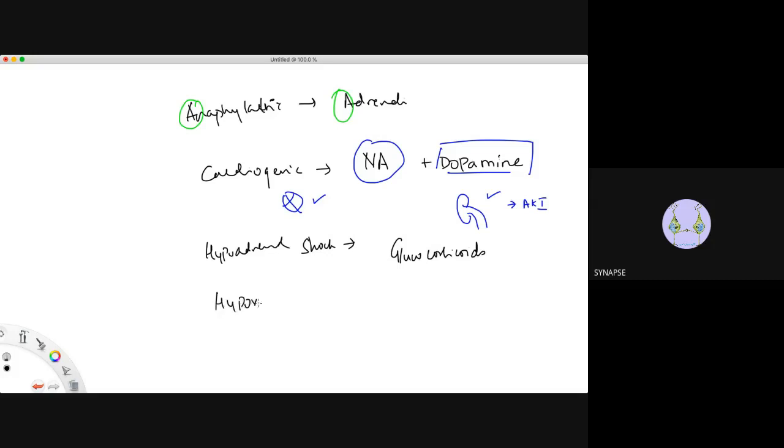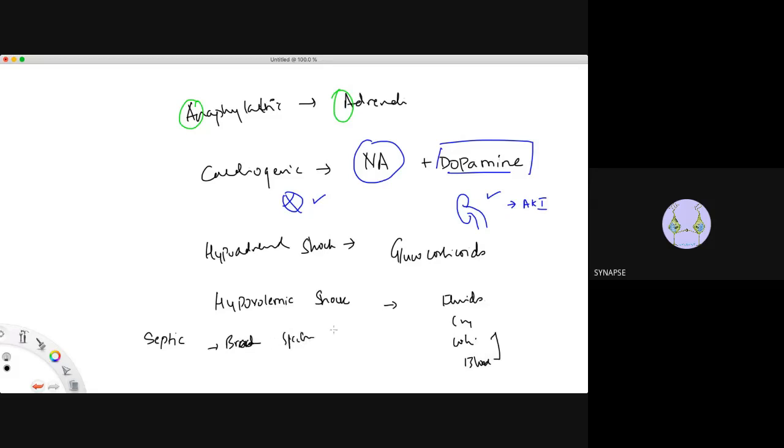So for hypovolemic shock, what will you do? IV fluids. Yes, crystalloid, then colloids. And if it is septic shock, broad spectrum antibiotics. Very good. You should give broad spectrum antibiotics, correct?